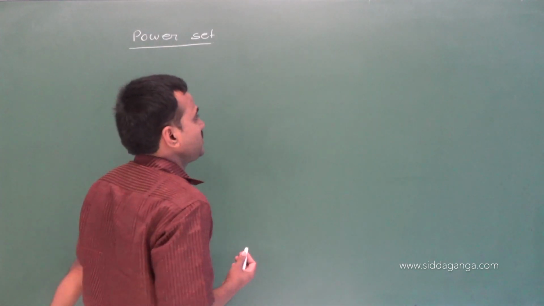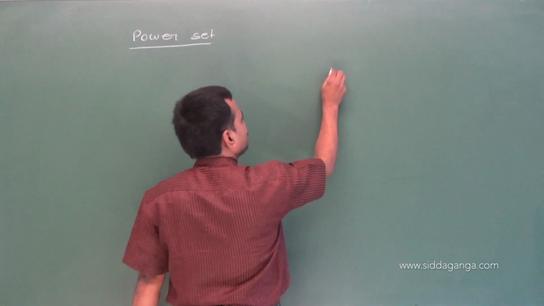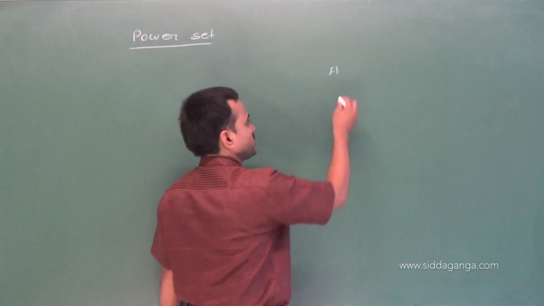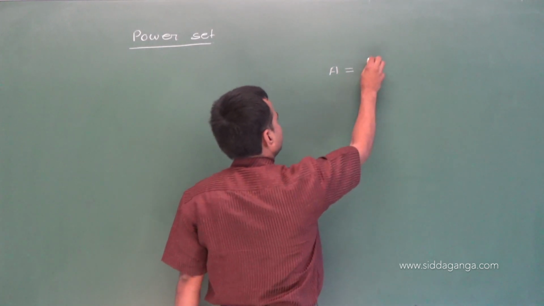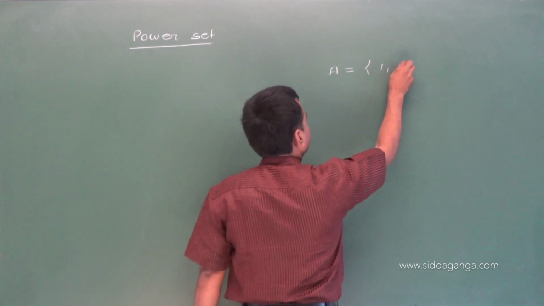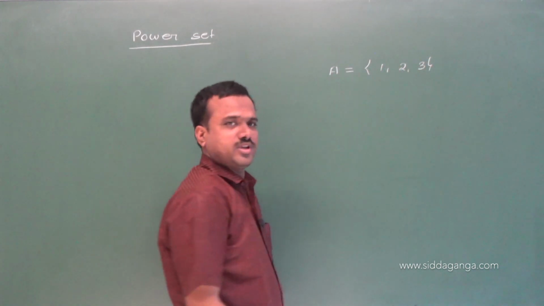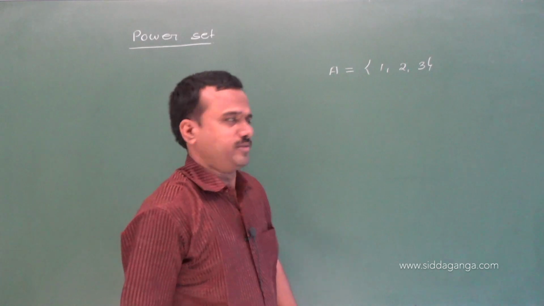Before we give the definition, we write an example, then only we understand. Let A = {1, 2, 3}.